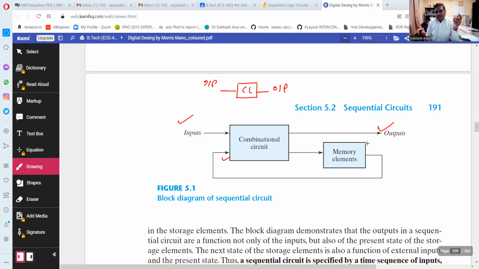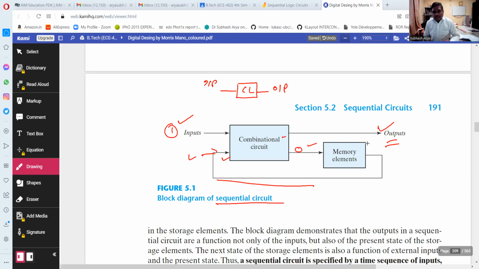But in a sequential logic circuit, there is a memory element through which some portion of the output is fed back to the input, and then the output becomes a function of not only the input but also whatever past output was there. So this is by definition what is meant by sequential logic circuit.